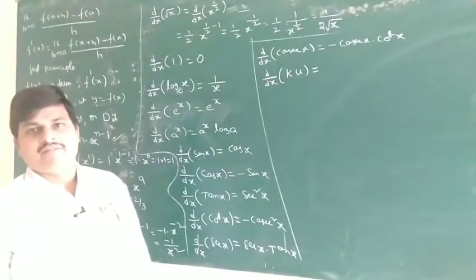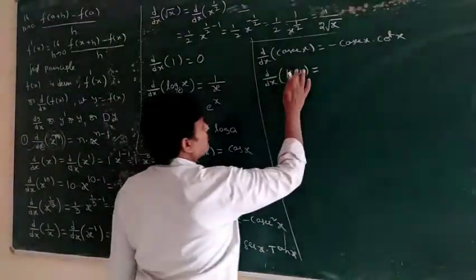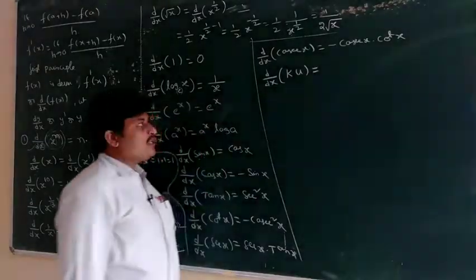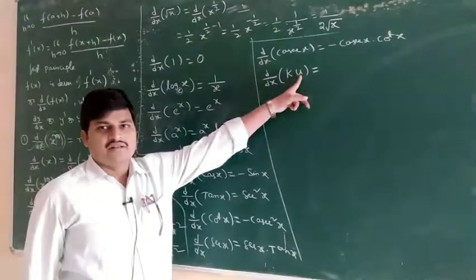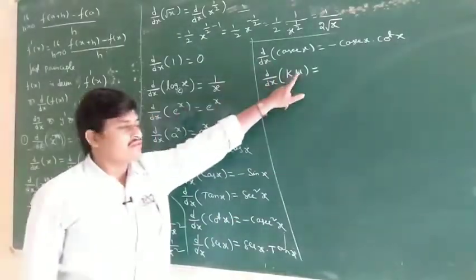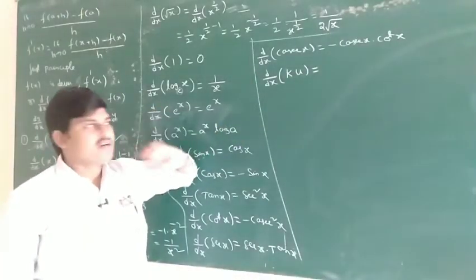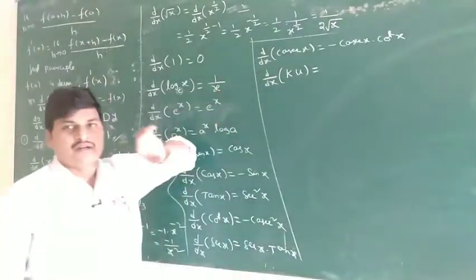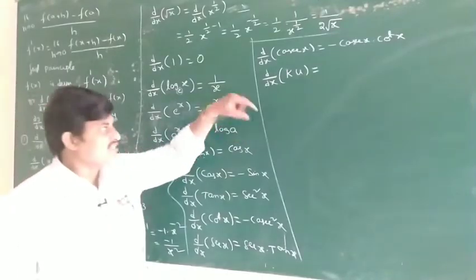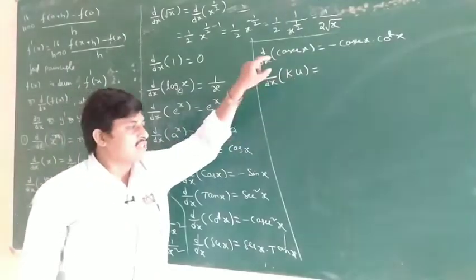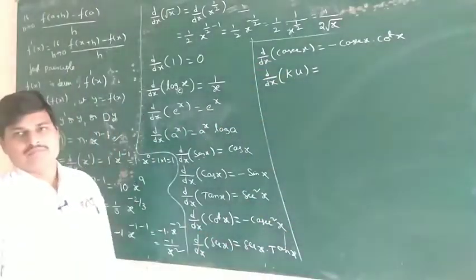So any doubt? For k u, u is a function. Here u is not a constant. In the formula, the function is u.